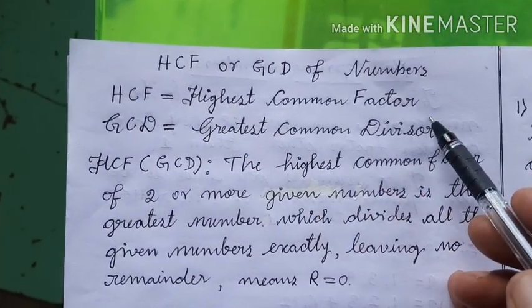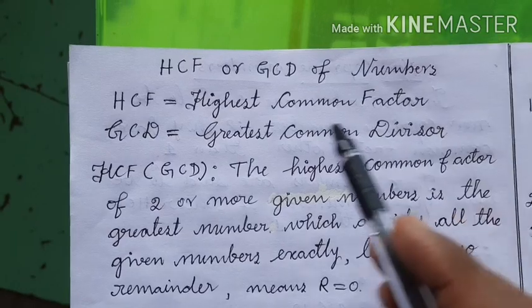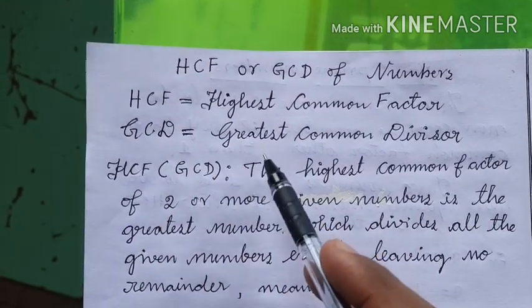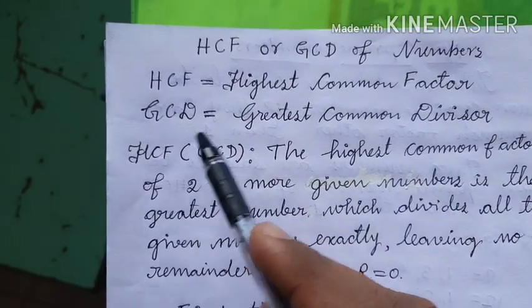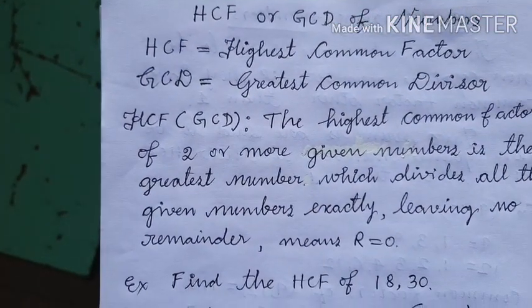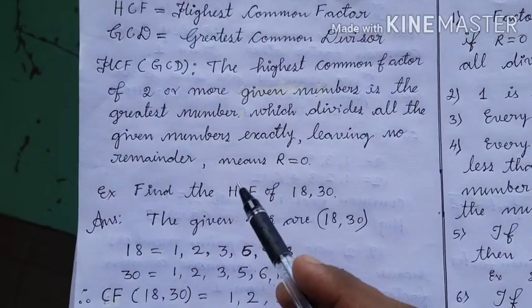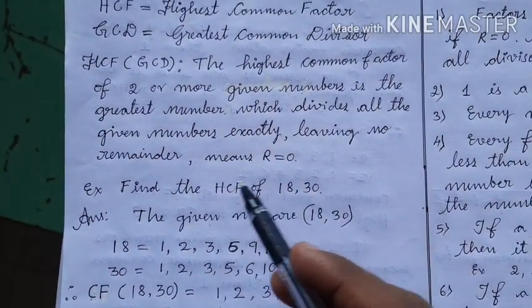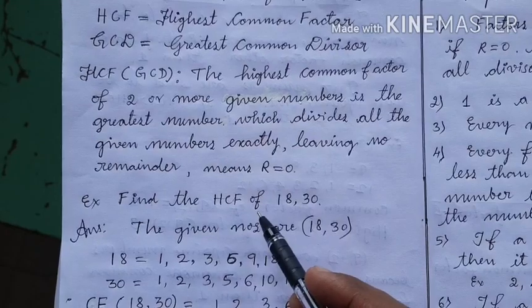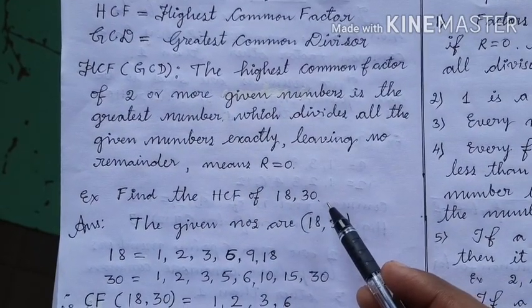Highest common factor is abbreviated as HCF and greatest common divisor is abbreviated as GCD. To begin with, let us take an example. Find the HCF of 18 and 30 is the question.